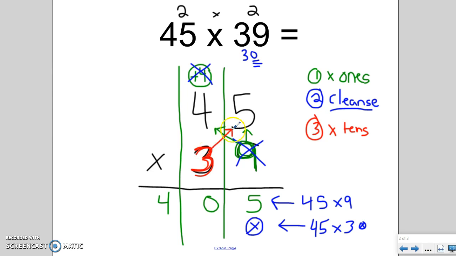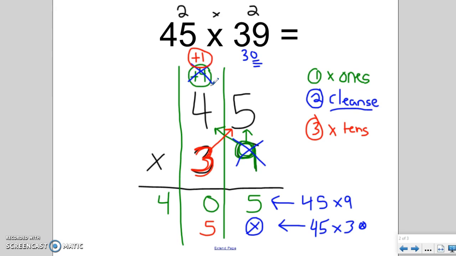So the first thing we're going to do, and this is why lining up is so important, is 3 times 5. Well, 3 times 5 is 15. We already have a 0 in this place value. So the 5 from the 15 is going to go here. And then the 1 is going to go directly next door. Since 3 times 5 is 15 and that 5 was in the ones place, that 1 is going to go directly next door. And maybe you can start to see why we needed to cross that 4 off.